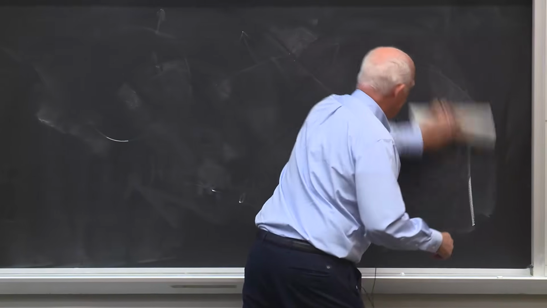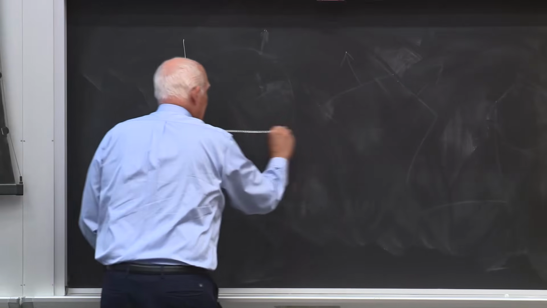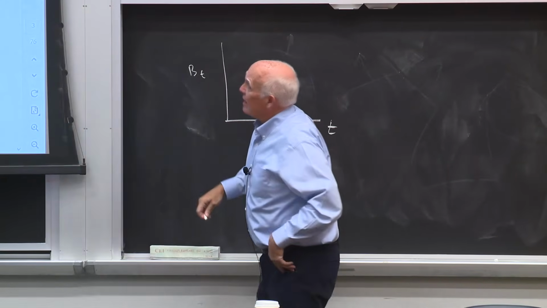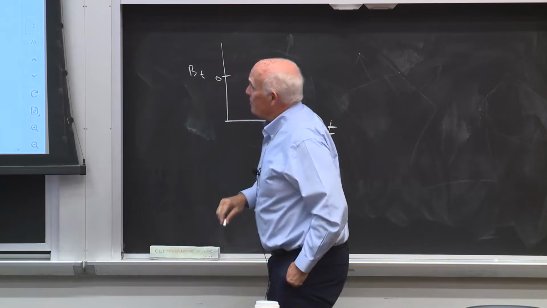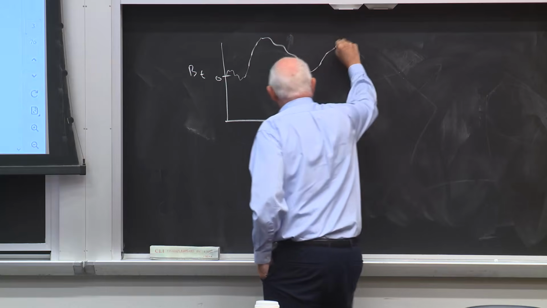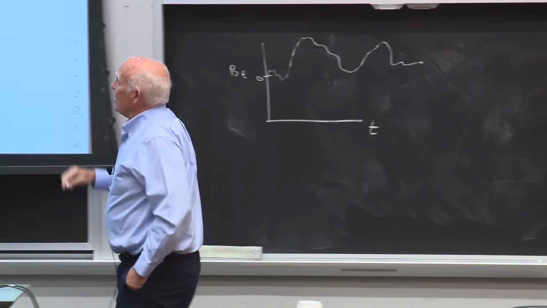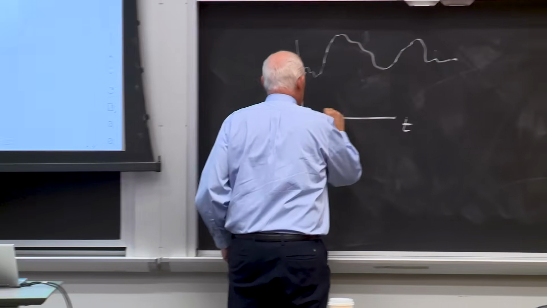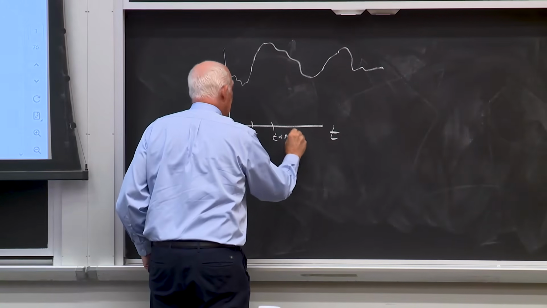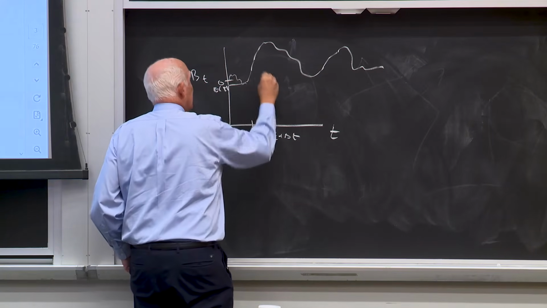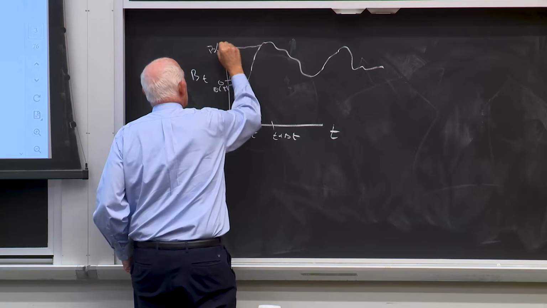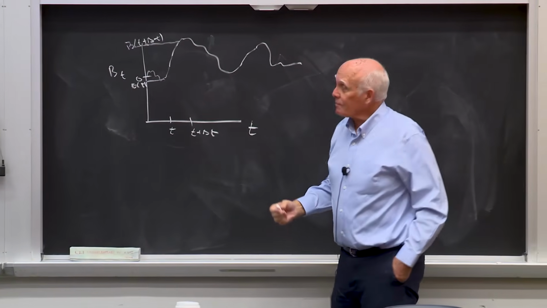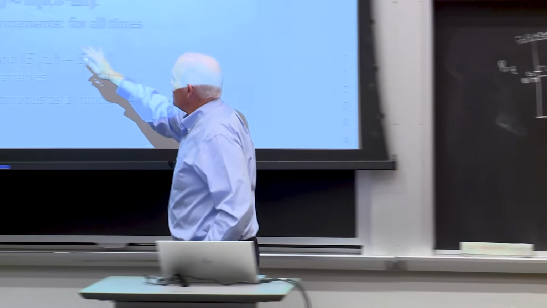We have time t, and we're going to think of a process B_t, which will start at 0, and then it's going to evolve over time in such a way that the increments of the process from t to t plus delta t, so if we have t and t plus delta t here, and we look at B(t) here, and B(t plus delta t), this vertical increment is going to be normally distributed for any increment of time delta t.